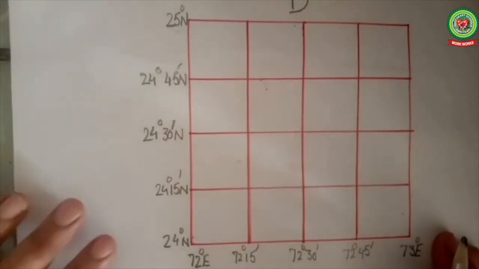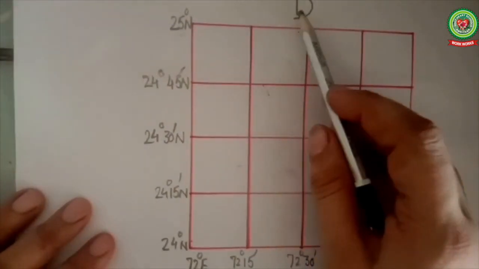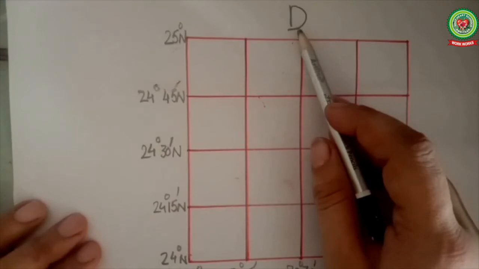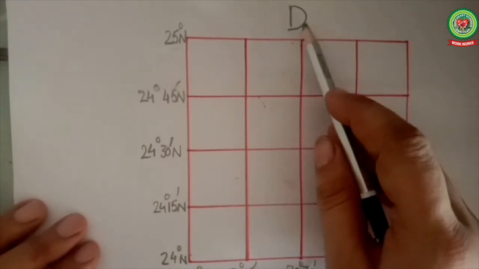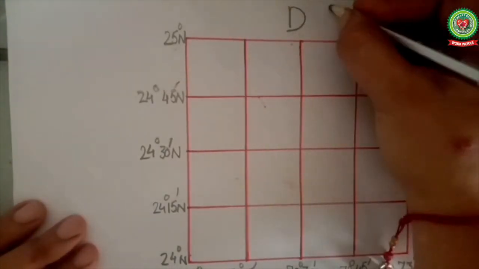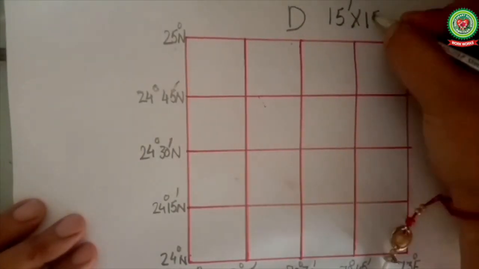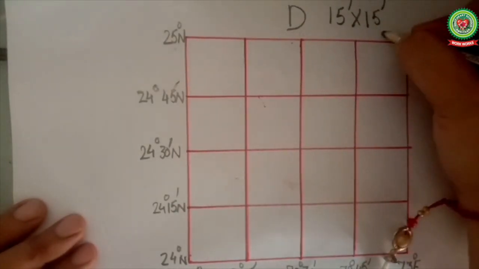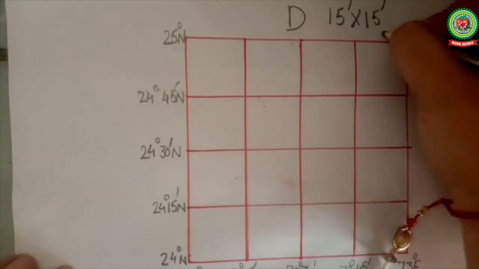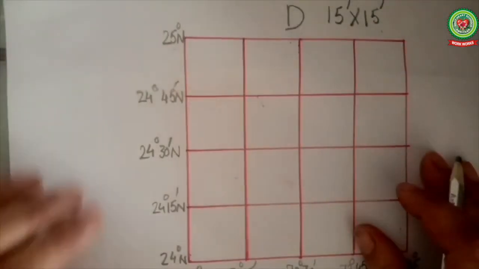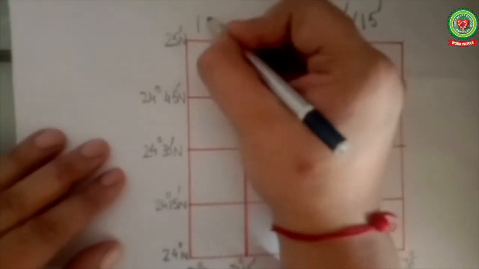So in this way we have reduced the district D of Rajasthan into 15 by 15 minutes scale, and thus our scale is reduced now finally to 1:50,000.